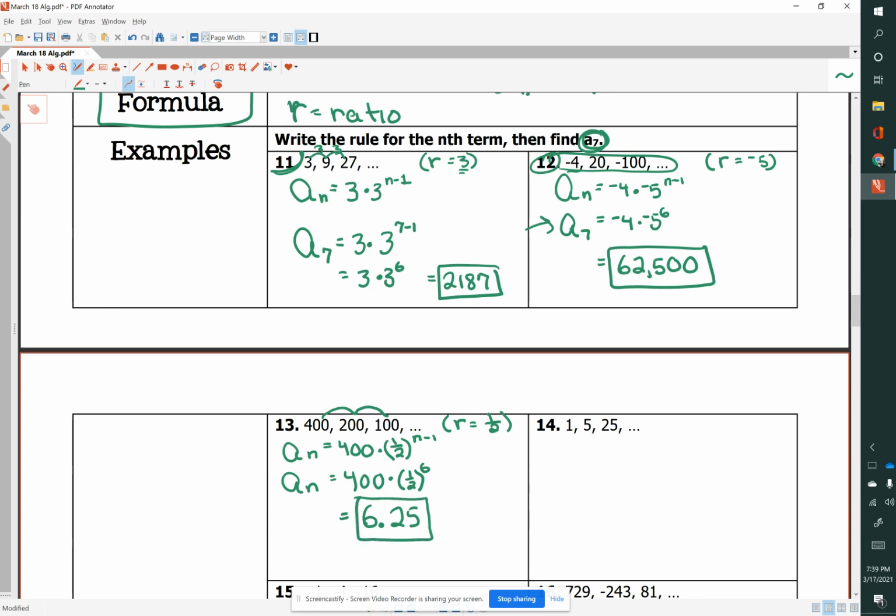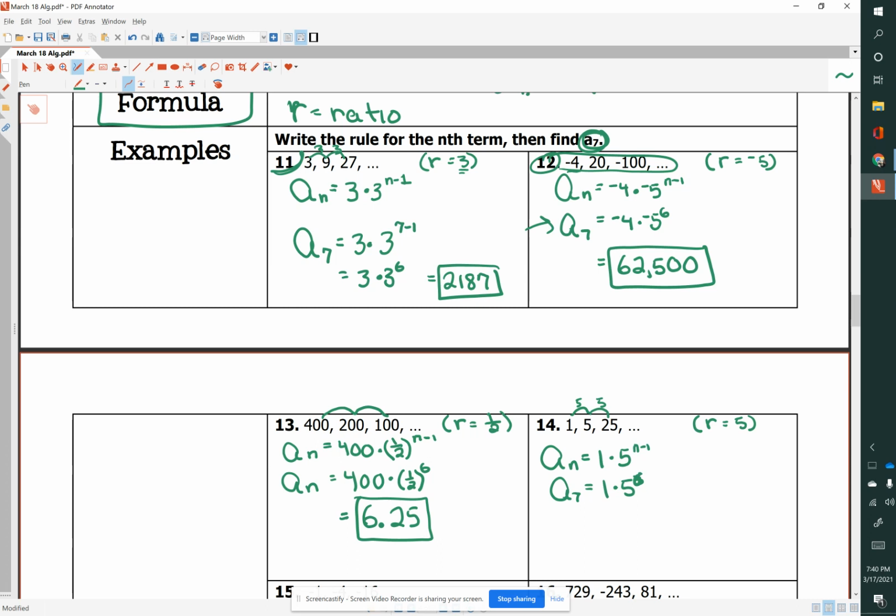I hope so. So let's see what the common ratio is in number 14. From 1 to 5, we multiply by 5. From 5 to 25, we multiply by 5. So our ratio equals 5. So a sub n equals 1 times the common ratio 5 raised to the n minus 1 power, which equals a sub 7 equals 1 times 5 to the 6th power.